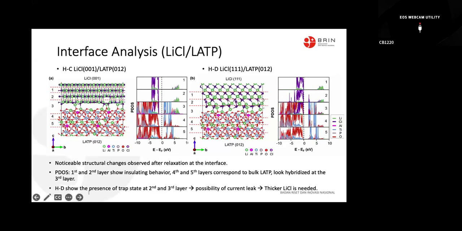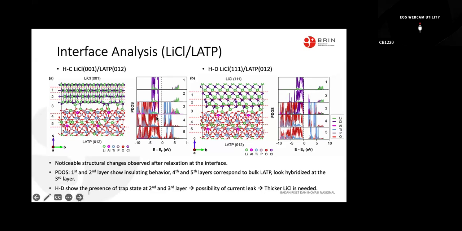And then the second part is the HC and HD, which is the interface of lithium chloride and LATP. As shown in the slide, both structures underwent structural changes after relaxation, and in HD, the interface rearranged more significantly.